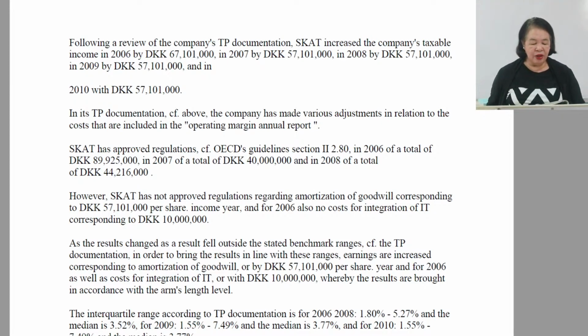No? However, SCAT has not approved regulations regarding amortization of goodwill corresponding to Danish krone 57,101,000 per year, and for 2006, also no cost for integration of IT corresponding to Danish krone 10 million. No?